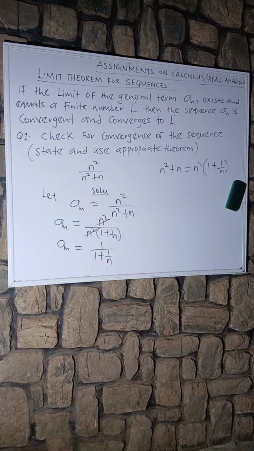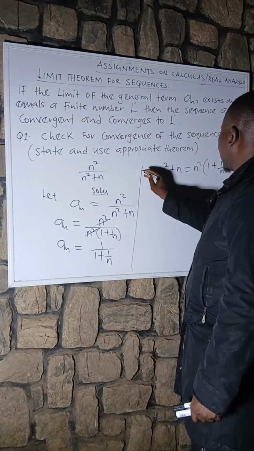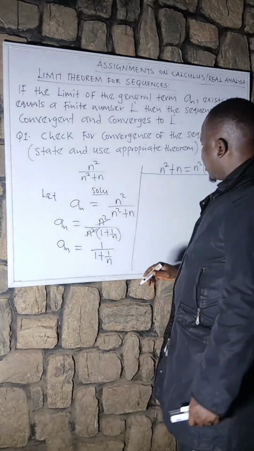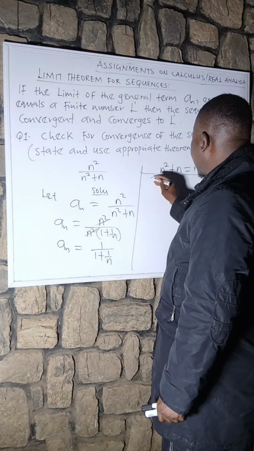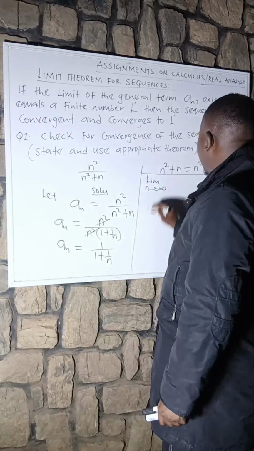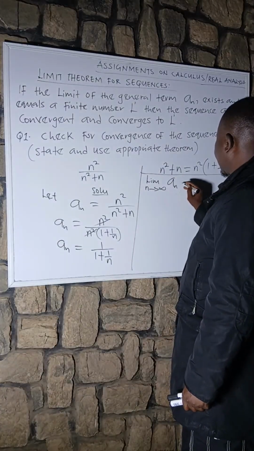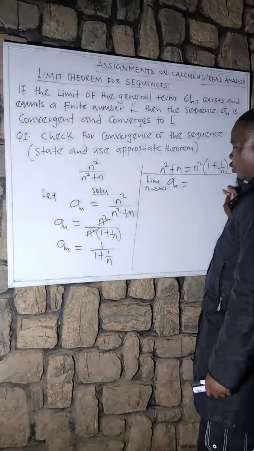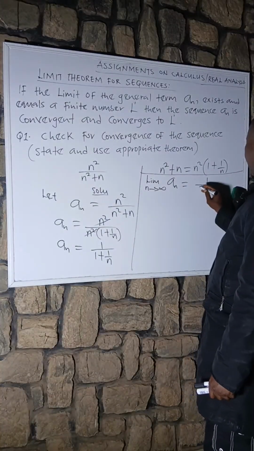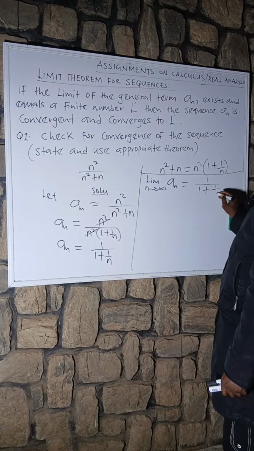Yes. So let's do it together. Let's continue. So as you can see now, when we take limits as n tends to infinity, our a subscript n will now be equal to 1 all over 1 plus 1 all over infinity.